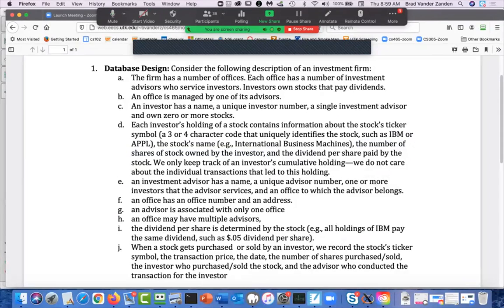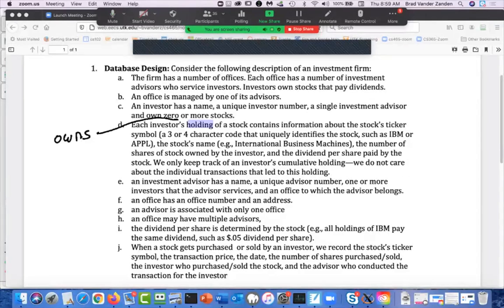Now, the question becomes, what is a holding of a stock? Is it a verb saying that it is another relationship between an investor and a stock? Or is it part of the owns relationship? And it turns out that what this is doing is it's actually giving us information about the owns relationship.